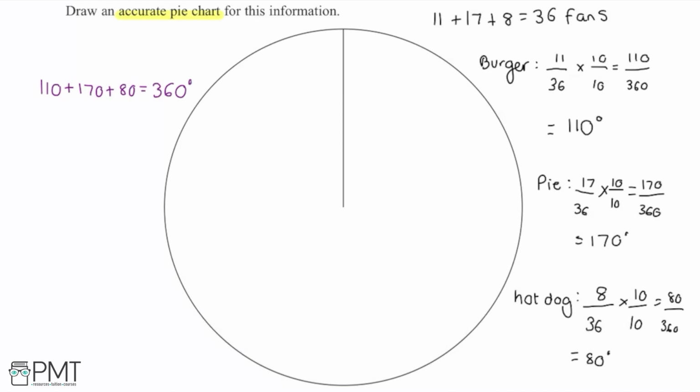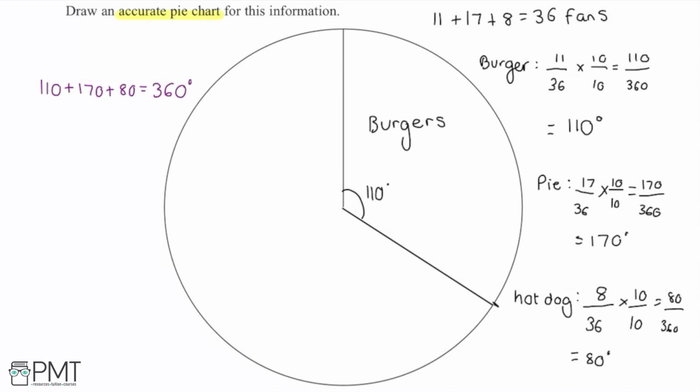So I would be laying my protractor flat along this line here, and then measuring round and finding the 110 on the protractor, and then I would mark it up somewhere outside of the protractor like so, and then I'd connect the centre to this outside line and draw in the angle of 110 degrees, not forgetting to label up that this section is the burgers.